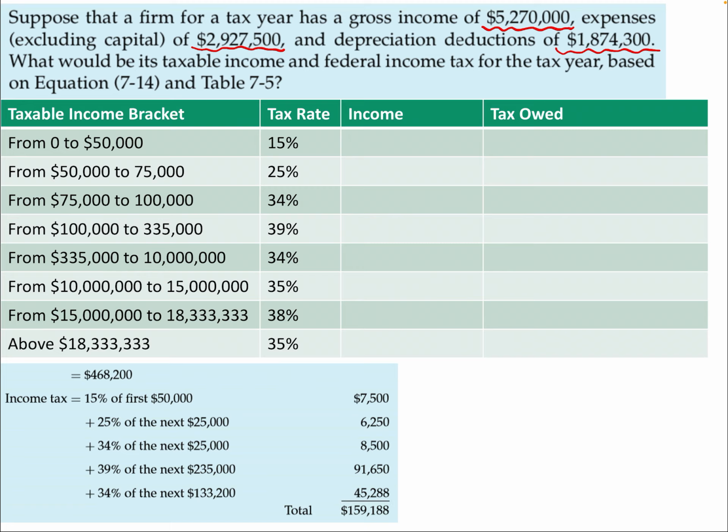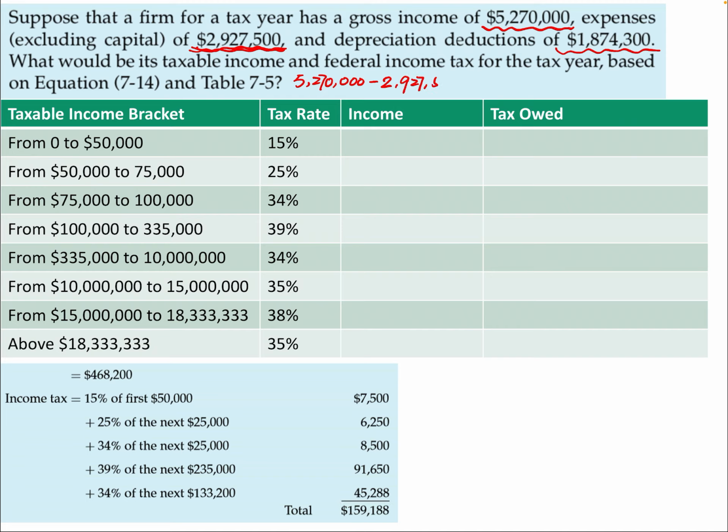First you need to use that equation to calculate the taxable income. Remember that equation is what? It uses the gross income, which is 5,270,000, minus the expenses, excluding the capital investment. This number is already excluding the capital investment, so you can just take it out from the gross income.